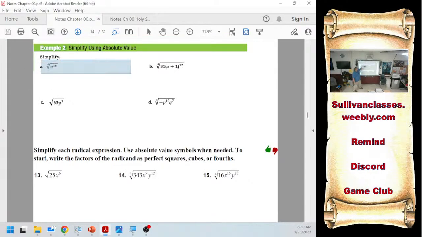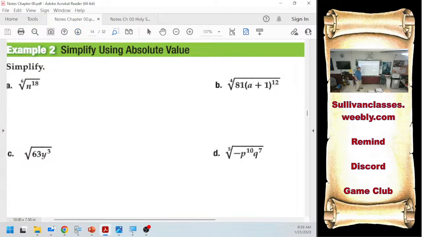Okay, we just talked about the whole variable thing. Well, if I have the sixth root of n to the 18th, I have two options. Option one, there's 18 n's there.